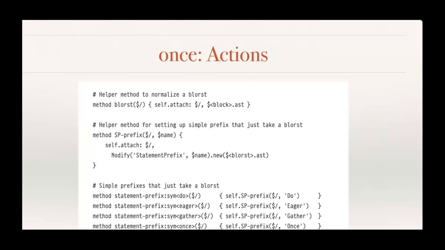And this creates a reference to a statement: whatever's in $name. But right now it's separated. So that's the next step. So this is all we had to do for actions.